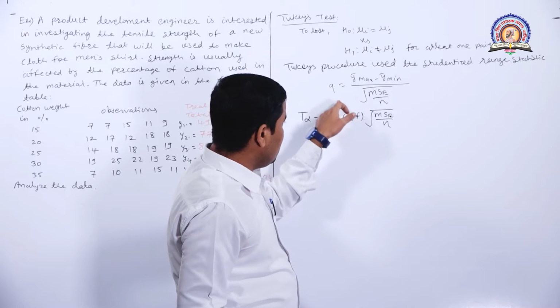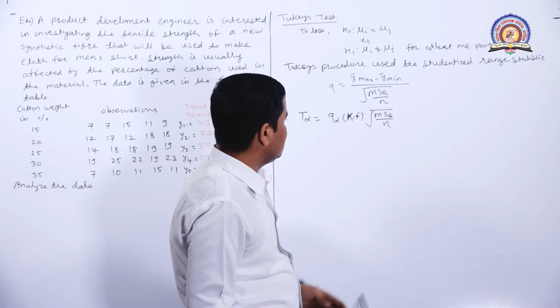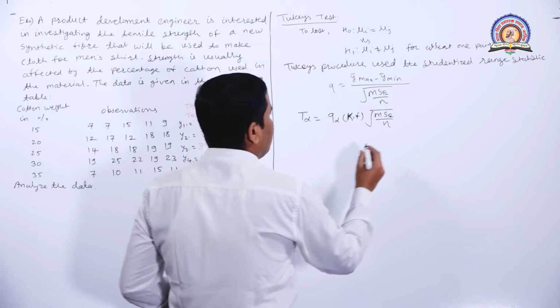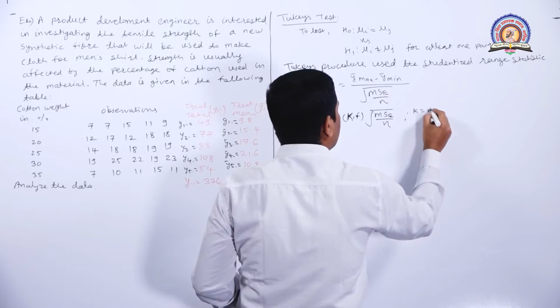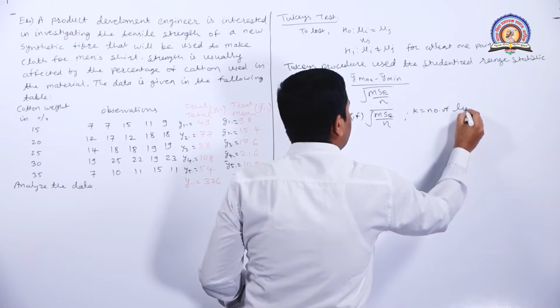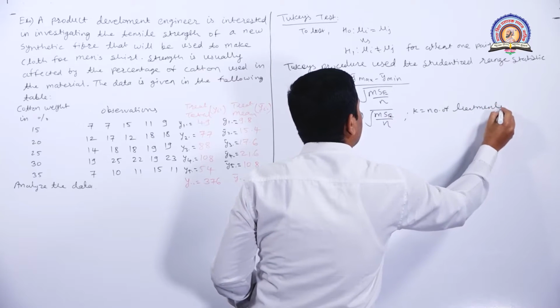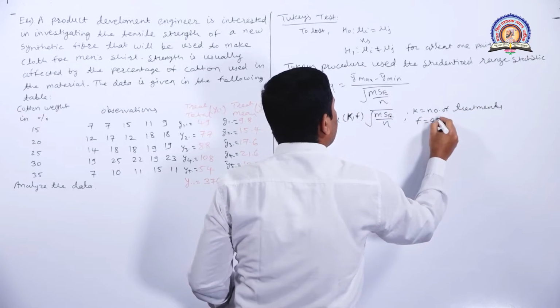So he defined the statistic like this, where K is the number of treatments and F is the error degree of freedom.